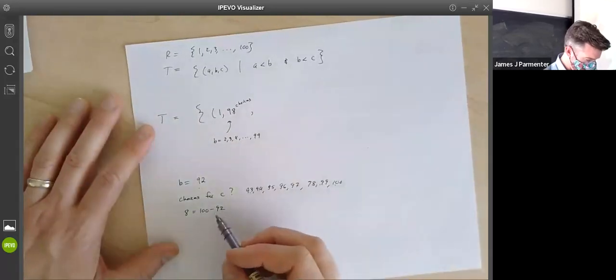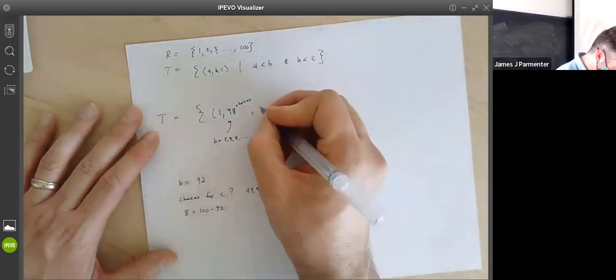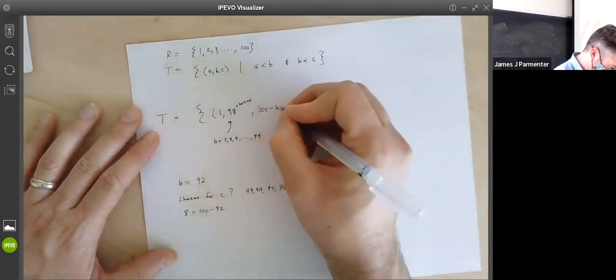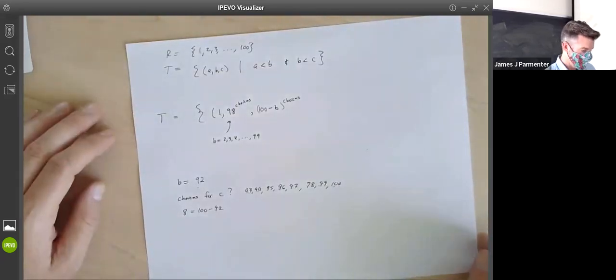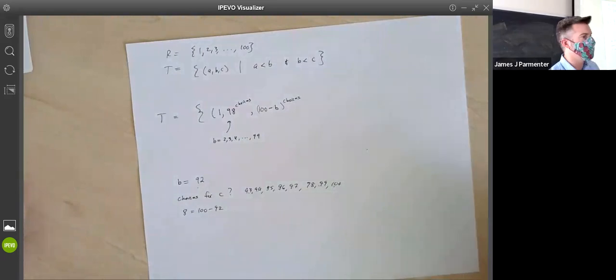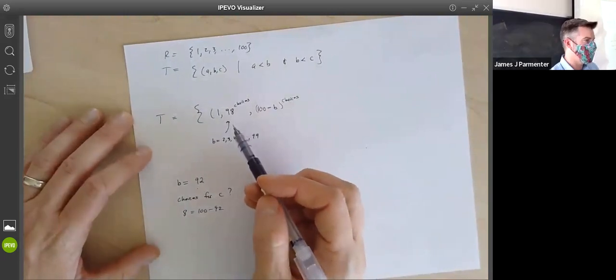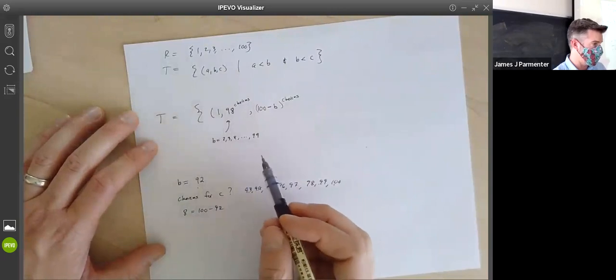So it looks like here, basically, whatever you choose for B, there are 100 minus that number choices for C, which is going to be a lot harder. This is definitely a much harder problem to actually answer. So yeah, I think this problem is probably beyond the realm of actually being worth asking.